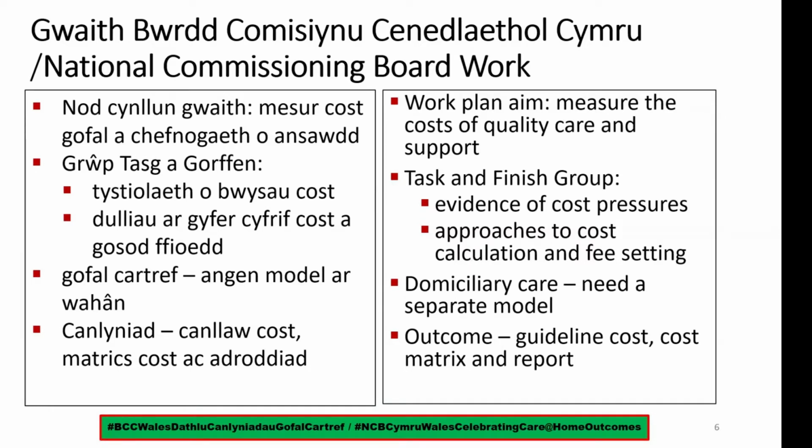It was evident that there are some differences in how costs are managed in different care settings, so a subgroup was established to look at these questions specifically in relation to home care. The outcome of the work of the Task and Finish group has been a guideline, a costing matrix and a report. While we're focusing on the matrix today, I understand that the report is also available, and this contains details of the work that the subgroups on other care settings undertook as well.